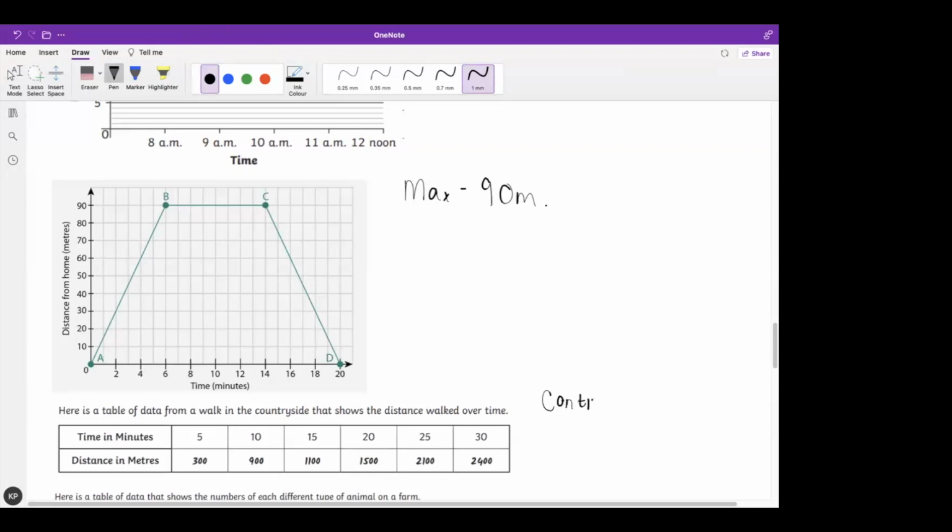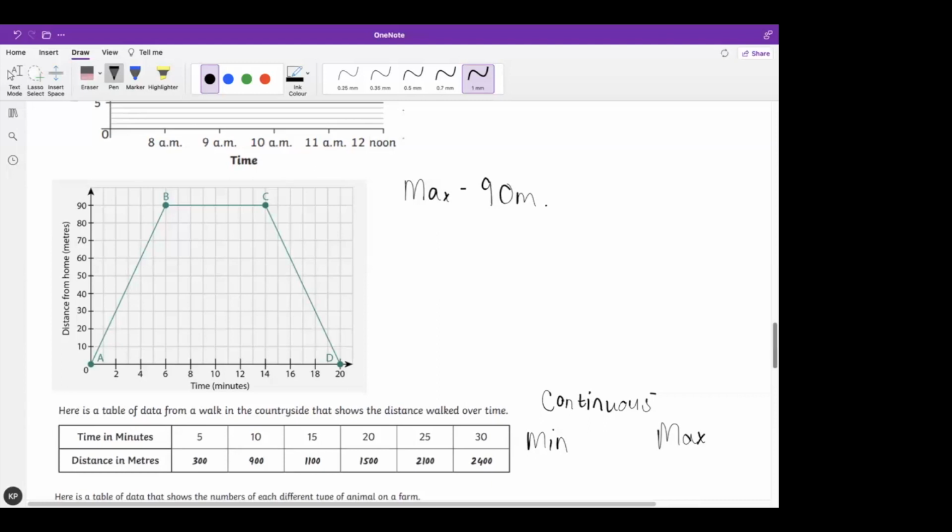So this is continuous. What is my minimum and what is my maximum? Let's write over here. Minimum, maximum. What is our minimum and what is our maximum for this? Min is 300, max is 2.4.